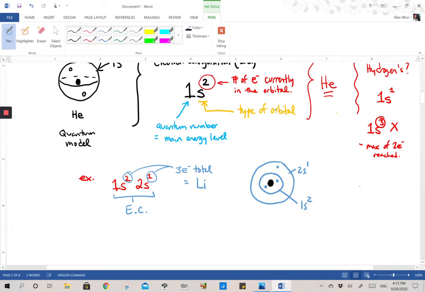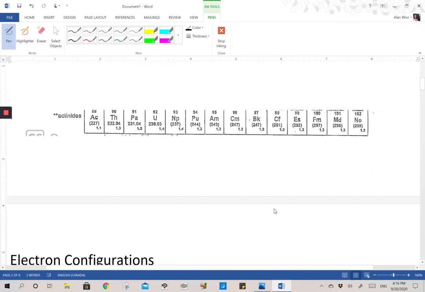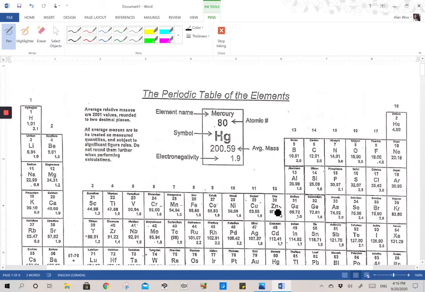Okay. So because your electron configuration tells you all the orbital types and what energy levels they're at, as well as the number of electrons, this is a much more convenient way of showing information than by drawing a quantum model. Okay, so there are some tips and hints and some exceptions that we come across when we go through different atoms, and that's why your periodic table is a good thing to have.